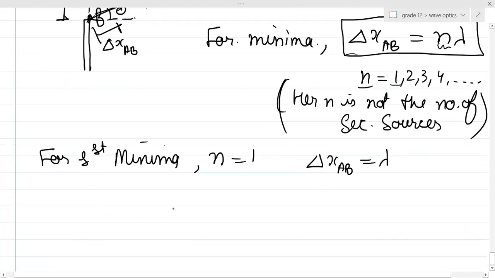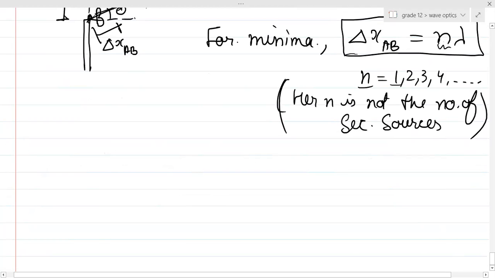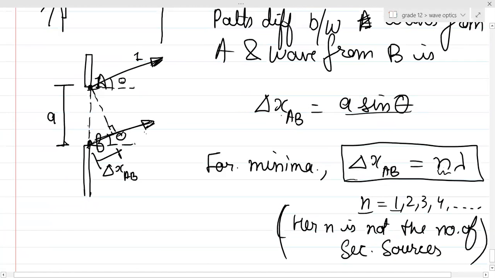Can I write it like this? Sine. Did you understand till here? Yes, sir. So delta x AB is basically a sin theta.